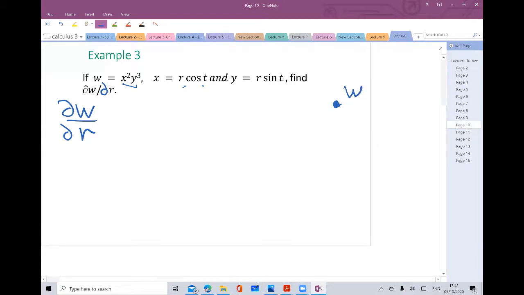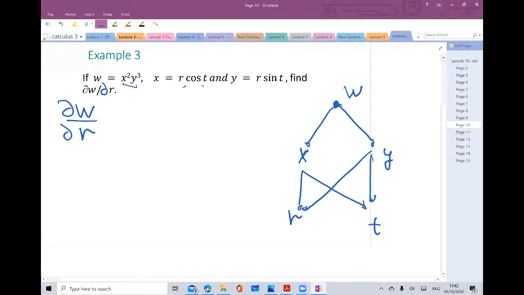I know that w is a function of two variables, so I have two branches, one for the x and one for the y variable. Now x is a function of r and t, and y also is a function of r and t. I have this tree diagram for my problem.